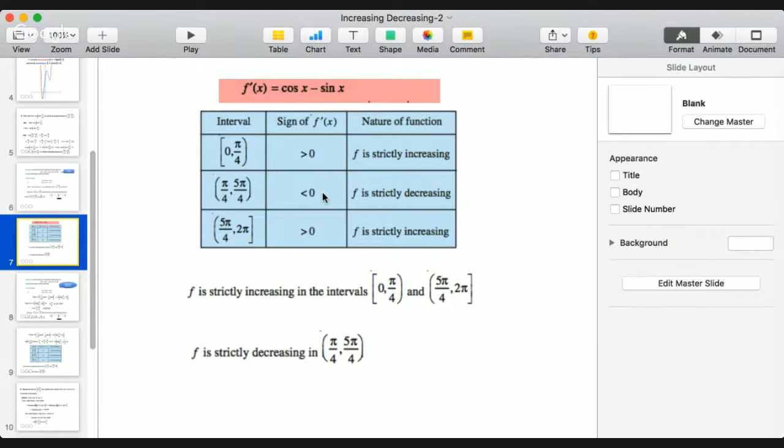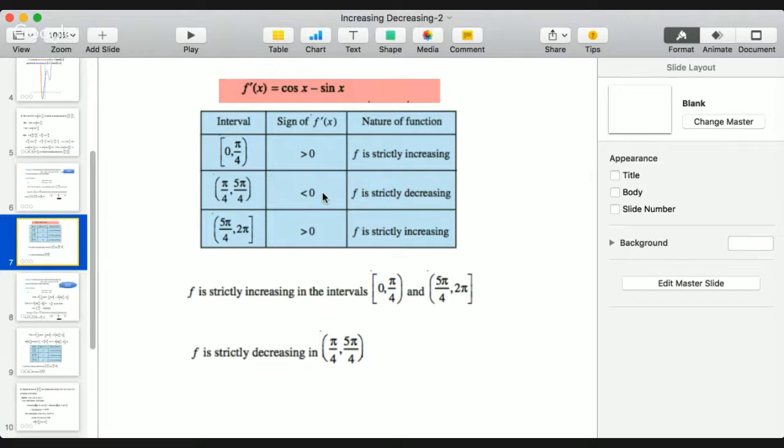Then between pi by 2 and pi, cos is always negative, so that gives us a negative value. In the same way, between pi and 5 pi by 4, we check which one is greater, and that gives us again a negative value. So overall between pi by 4 and 5 pi by 4, it gives us a negative value.